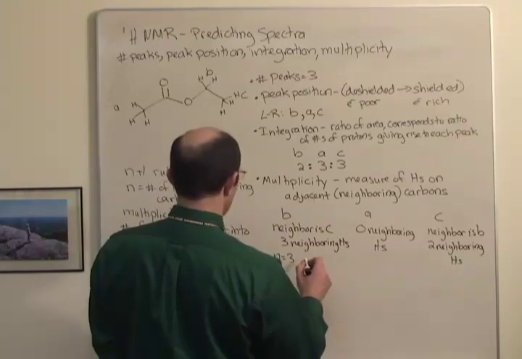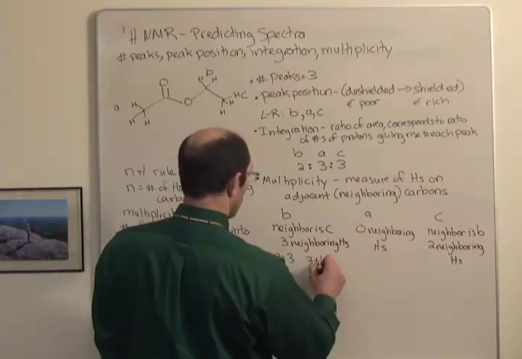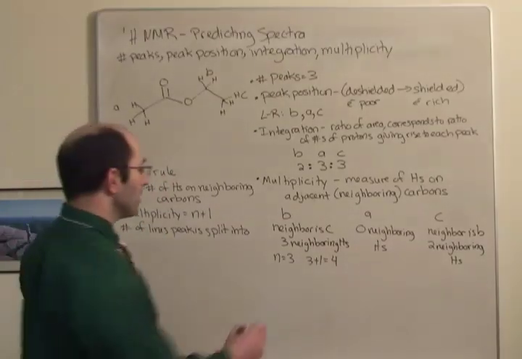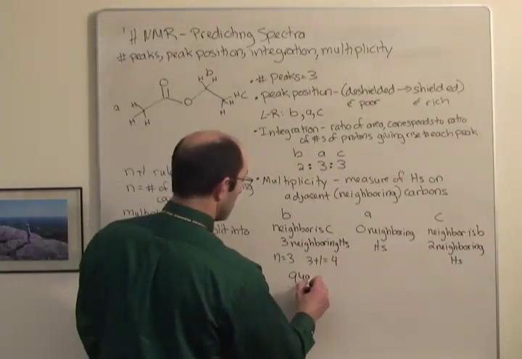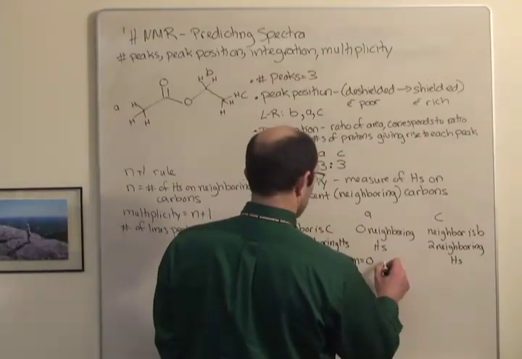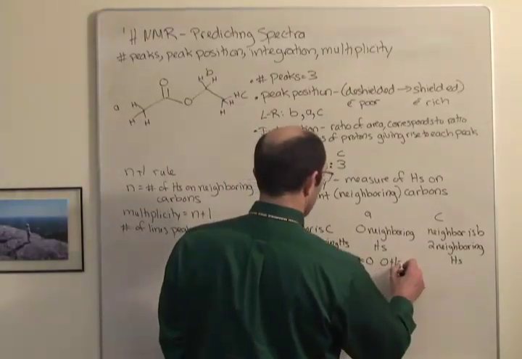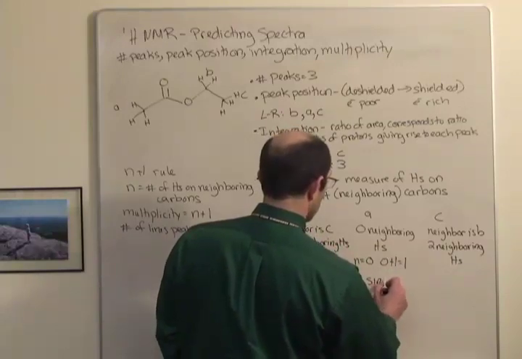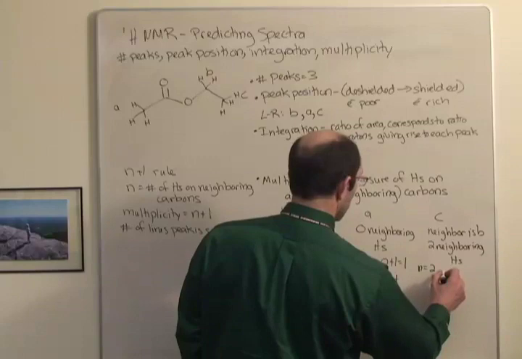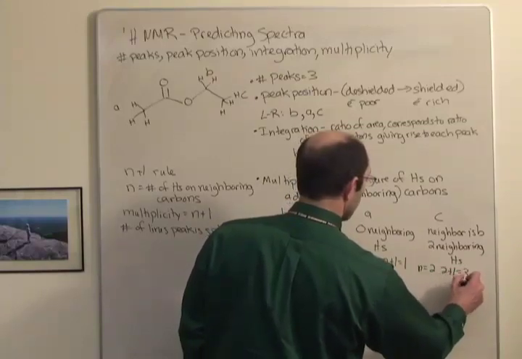Okay? So what we'll do is substitute in down here n equals 3, right? So the multiplicity is 3 plus 1, which equals 4. And when we're split into 4 peaks, that peak is called a quartet. Here n equals 0, so 0 plus 1 equals 1. That peak is a singlet. Here n equals 2, 2 plus 1 equals 3.